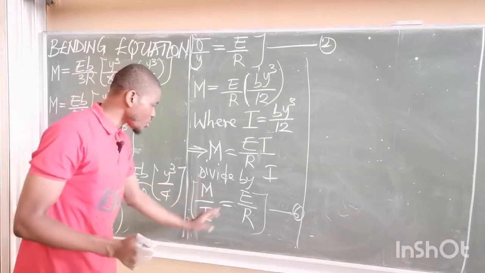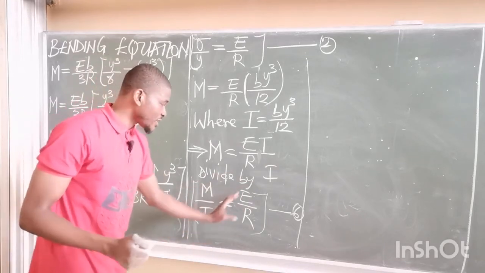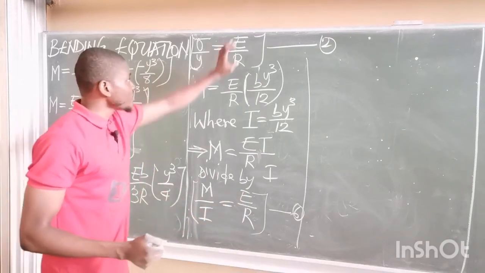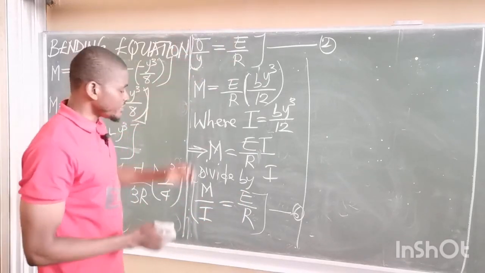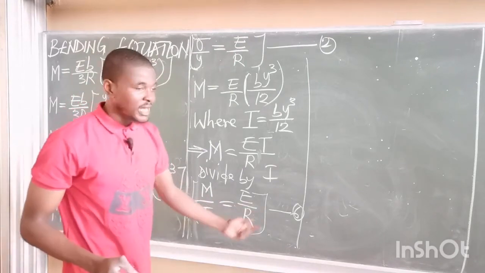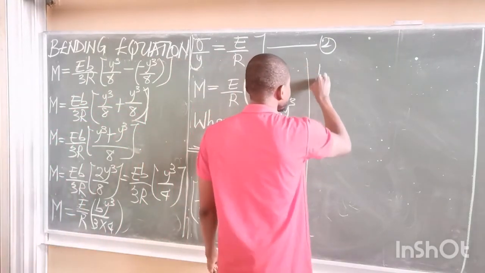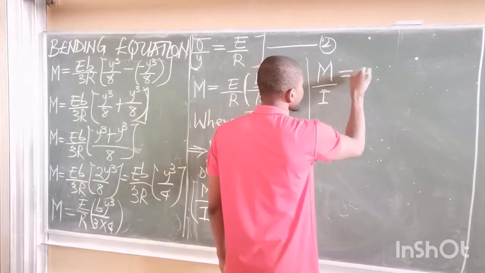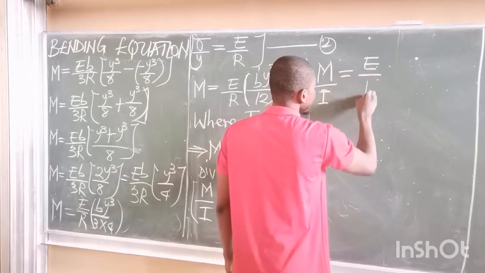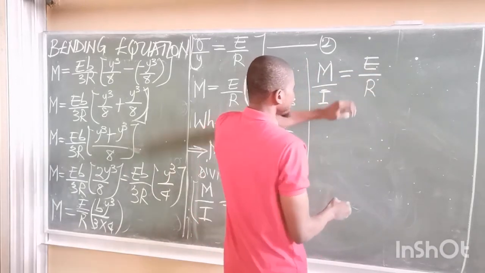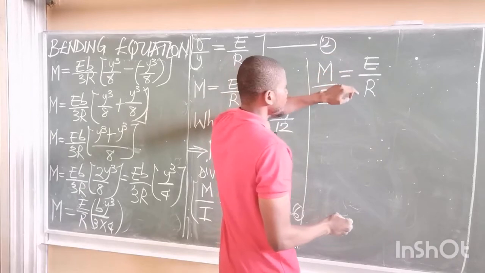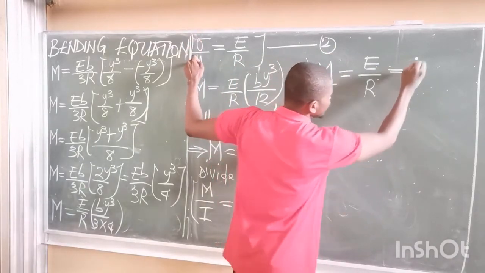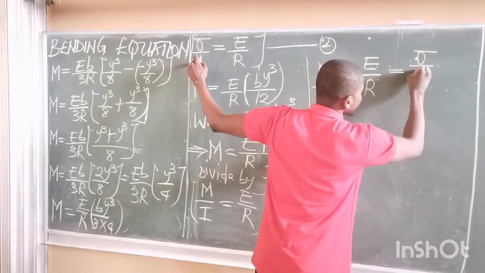We have m over I equals E over R. So conversely, we can say E over R equals m over I. So if E over R equals m over I, and E over R is also equal to stress over y, it means that we can now rewrite this equation as simply m over I is equal to E, Young's modulus, all over R, radius of curvature, and Young's modulus over radius of curvature itself is equal to stress all over y.